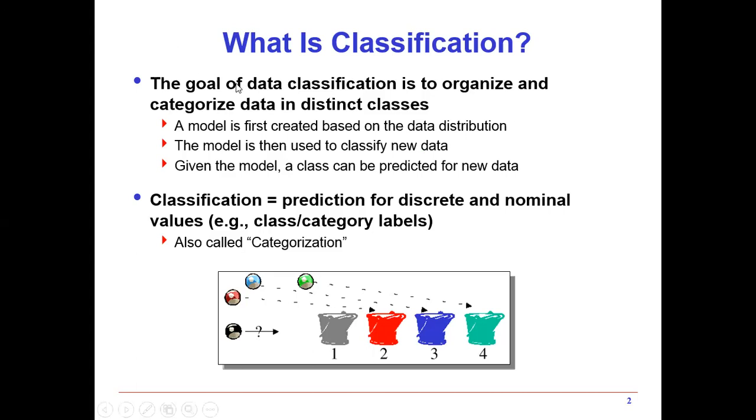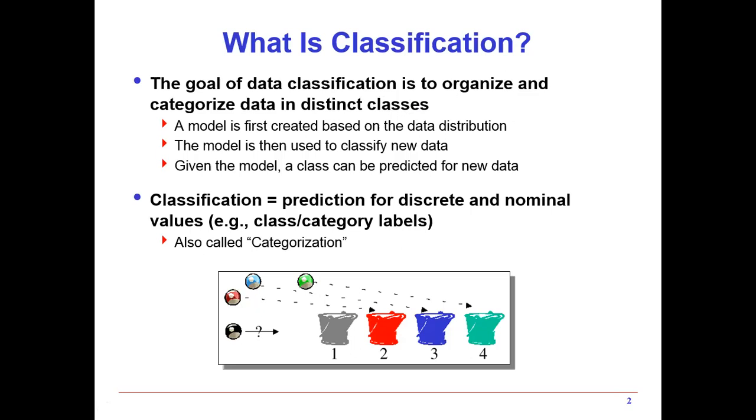Initially, the goal of data classification is to organize and categorize the data into distinct classes. Whenever we are working with classification, there is always a discrete set of classes. What do we mean by a discrete set? It means there are disjoint classes. Suppose you have the input data and the output data.